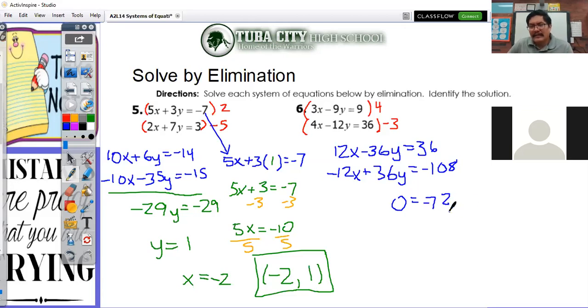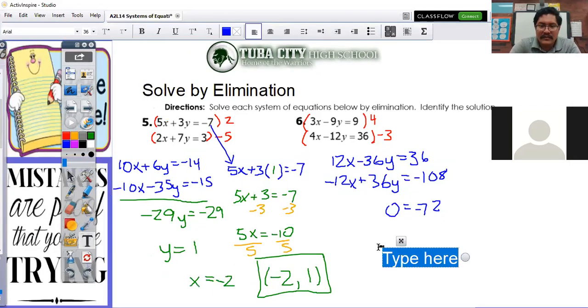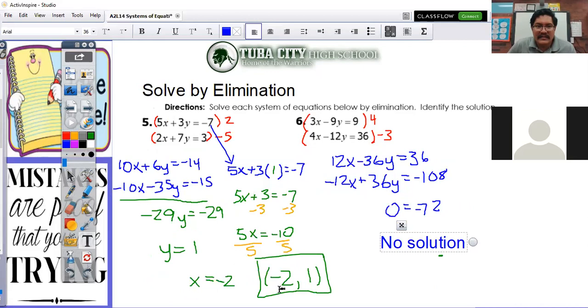-72. And remember, whenever we run into something like this, where it is an untrue statement and we lose the variable, or variables in this case, that's going to be no solution. So in this case here, there was nothing we could really do about this. We lost our variables.